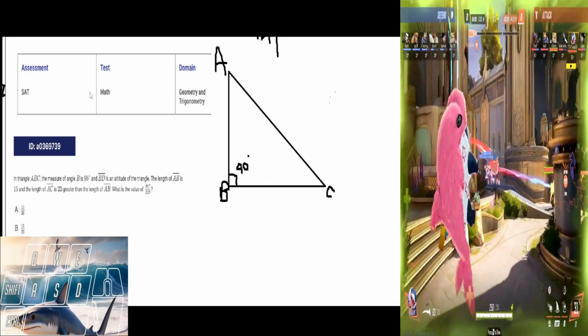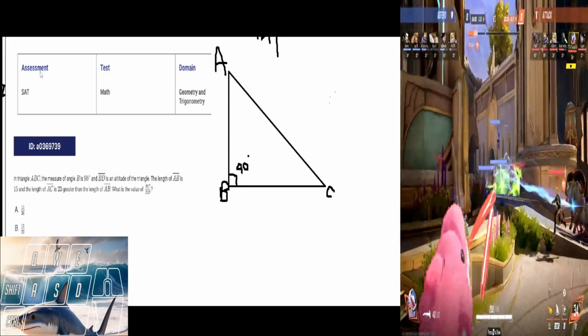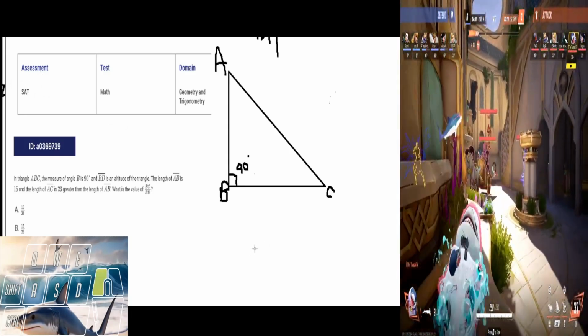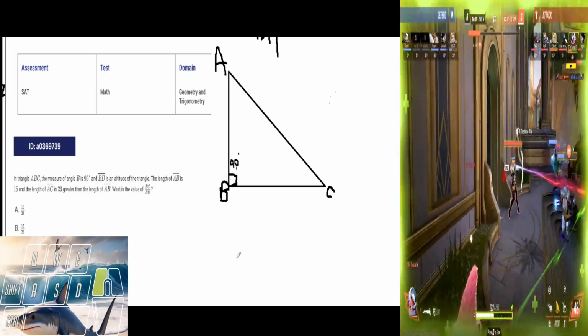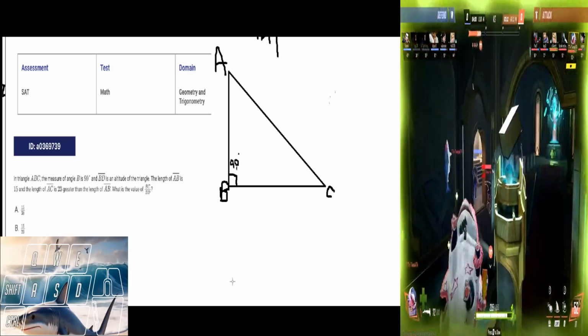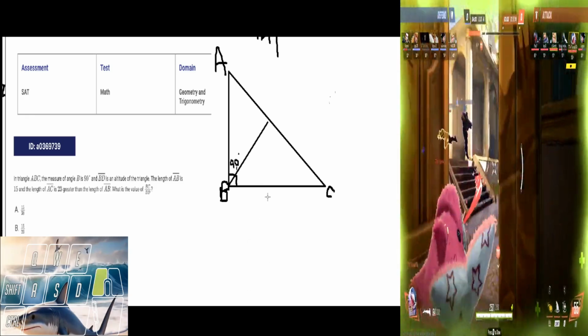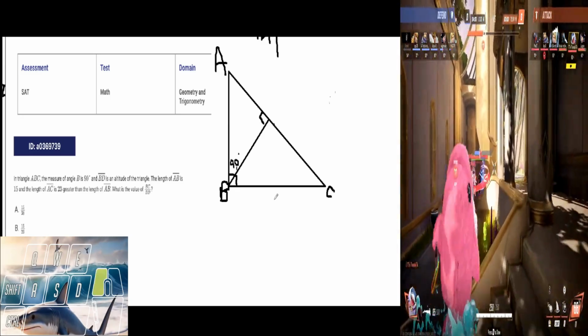An altitude of the triangle is from one corner of the triangle to the opposite end of the triangle, making sure that it is perpendicular with the opposite end, which means that these are both 90-degree angles.